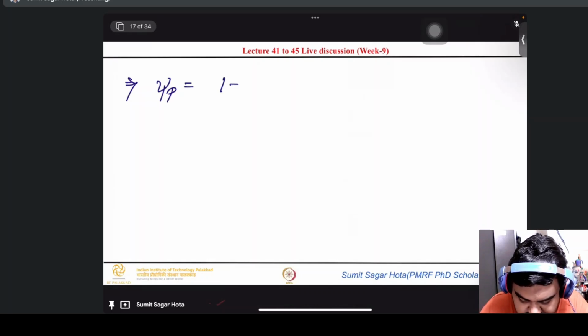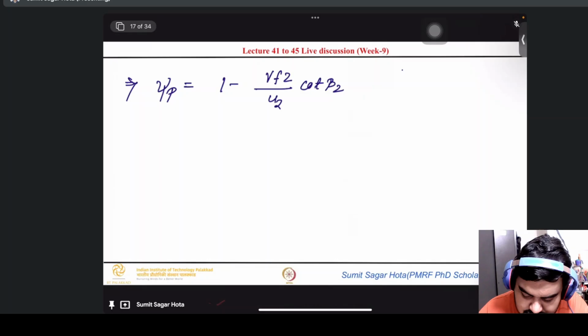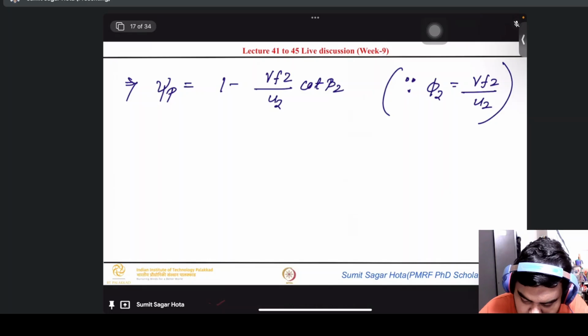One minus Bf2 by U2 cot beta 2. Okay, so phi 2 is equal to Bf2 by U2.